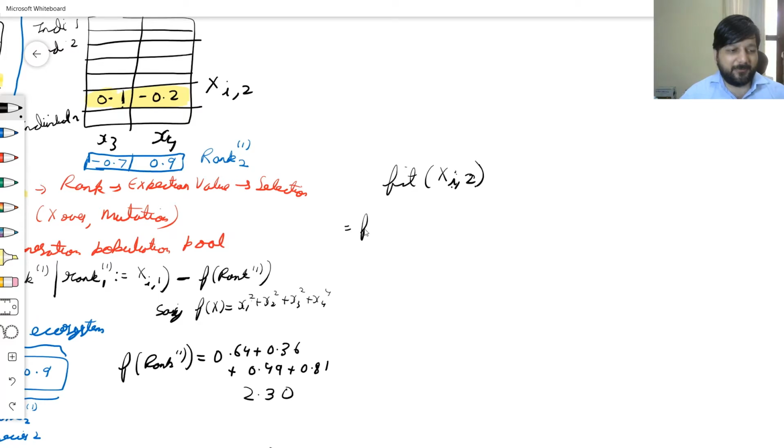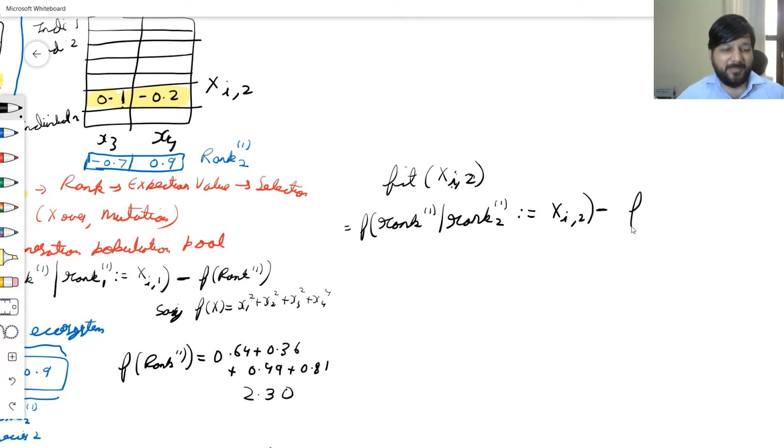So this is the fitness function ecosystem of the rank 1 individual with the substitution that the rank 1, the second species, is replaced by this individual. This time the representative of the second species was being challenged.